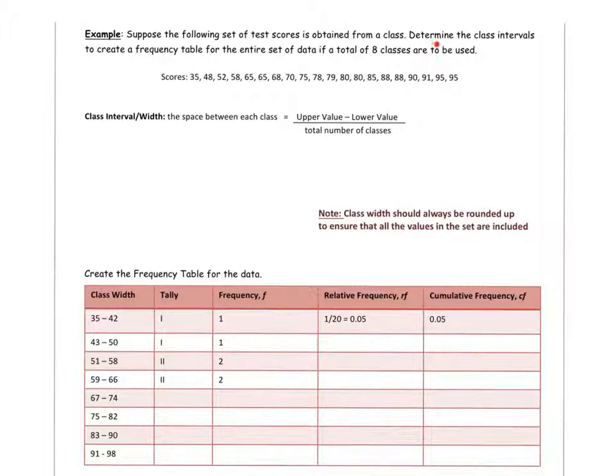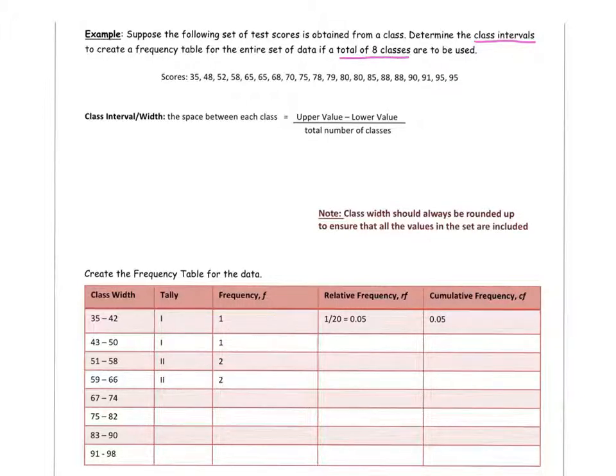So we need to first determine the class intervals, the class interval size or width, to create our frequency table. But they do give us the total number of classes to use, and that's 8.